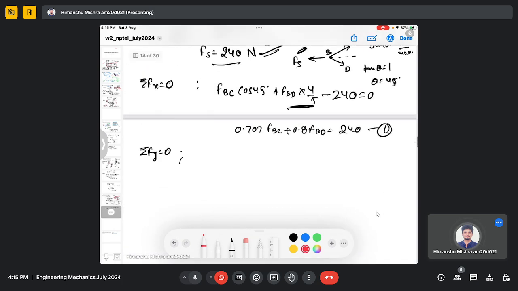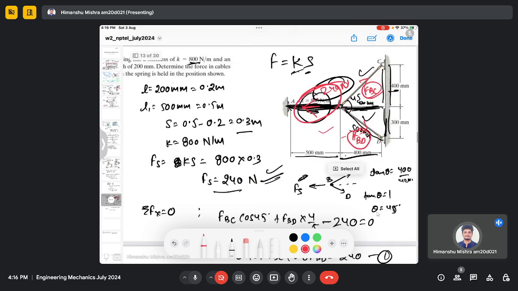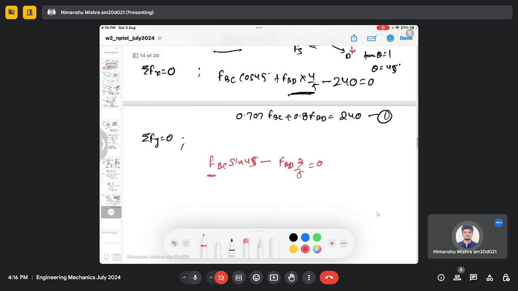So it will be force BC sine 45 minus force BD 3 by 5 equal to 0, because force BD is along the negative y-axis and force BC is along the positive y-axis, which you can see in the free body diagram. So this has the direction upside and BD has the direction downside. So one is positive and one is negative.